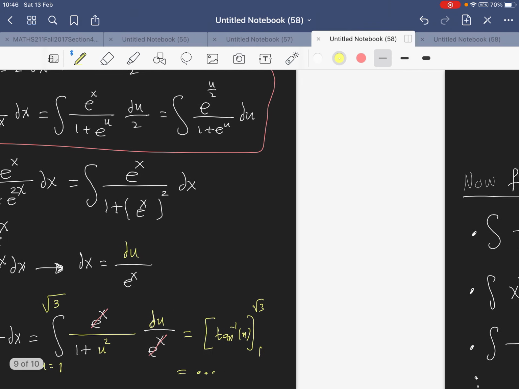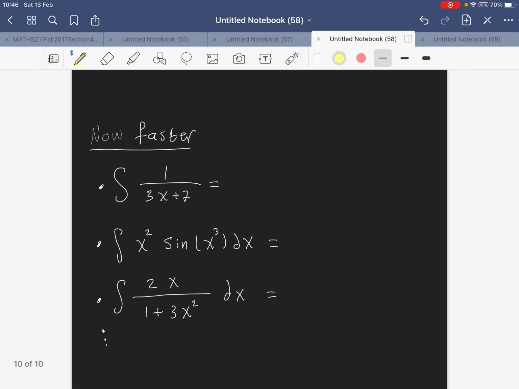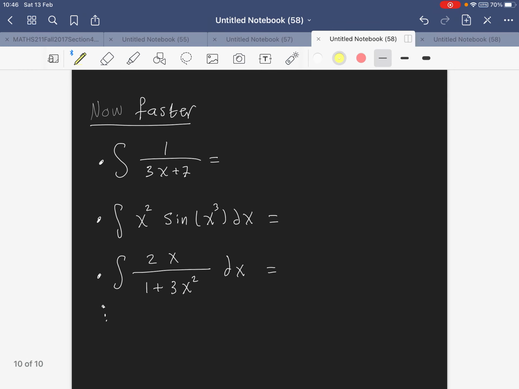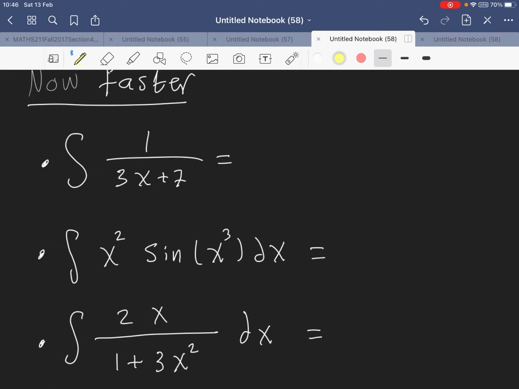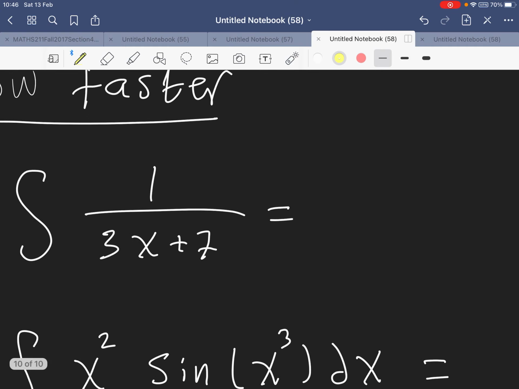Now, the last page in this section is how we can do things faster, because in Calculus 2, you know the substitution method, but you need to be a little bit faster. You don't need to do the whole steps of the substitution method in cases like this. For example, look at the first question. If we don't have a 3 here, this will be just ln of x plus 7.